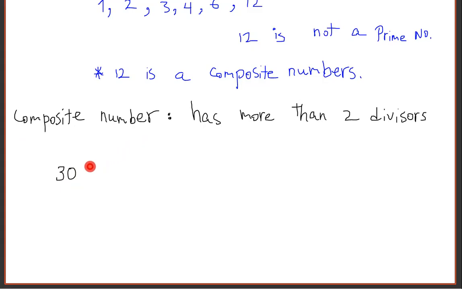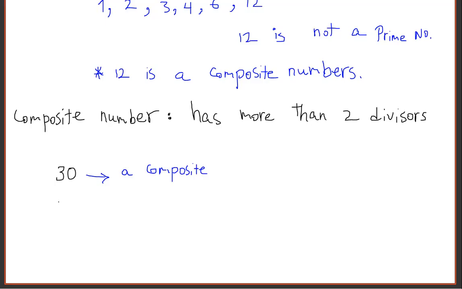It is divisible by 1 and 3, and many other numbers, of course. So it's a composite number. Very good.